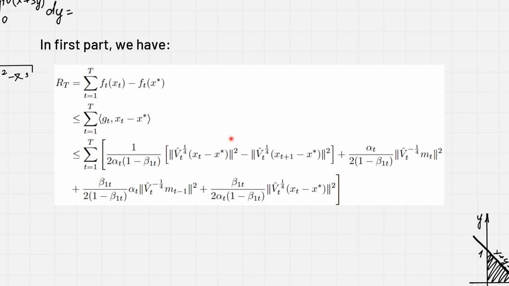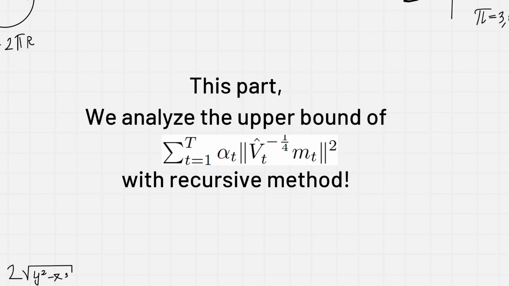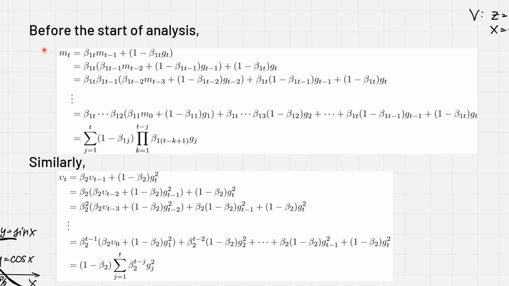Recall that we have derived the inequality of the regrets in the first part. In this part we pick this term and then analyze the upper bound of it. Here, we use the recursive method to prove. Before starting, we have to know the closed form of mt and vt for the following proof.